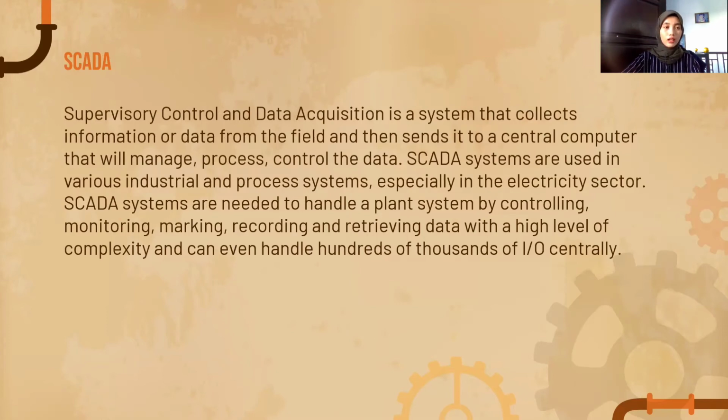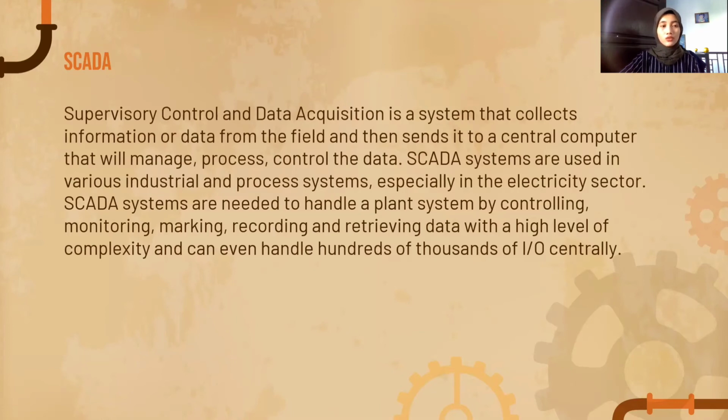Next is SCADA. SCADA, Supervisory Control and Data Acquisition, is a system that collects information or data from the field and then sends it into a central computer that will manage, process, and control the data.